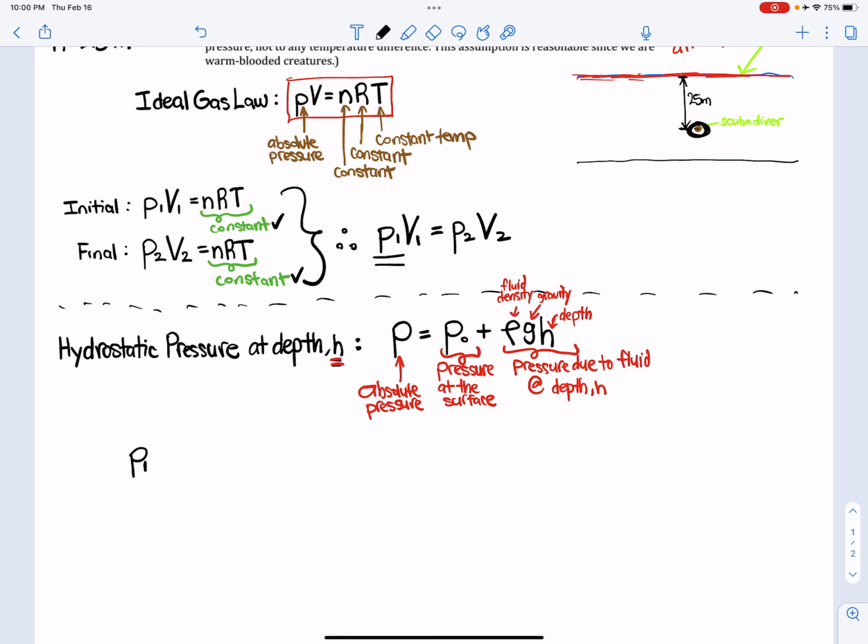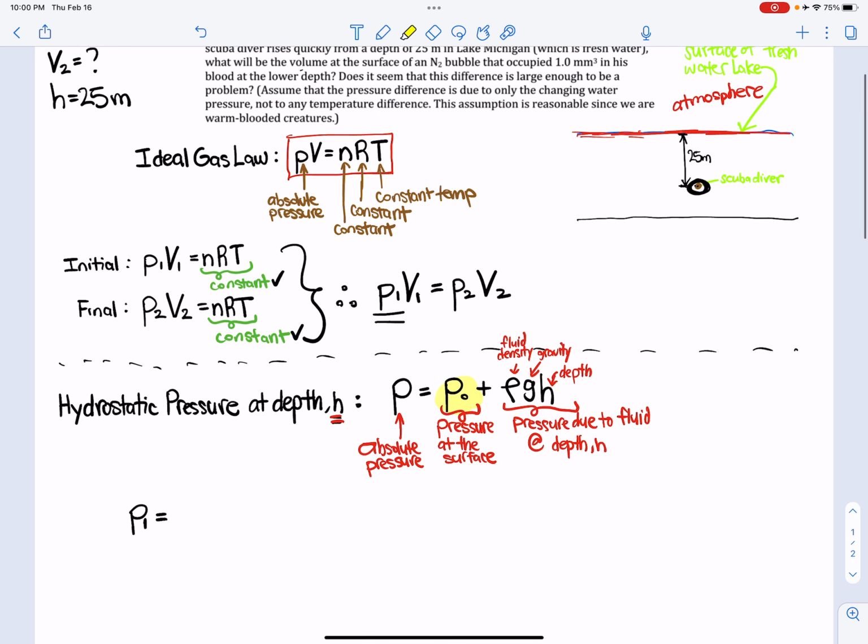So P1 would be equal to the pressure at the surface, this guy, which in our case is atmospheric pressure, right? Because at the surface, this is all atmospheric pressure. So P naught is atmospheric pressure, okay?